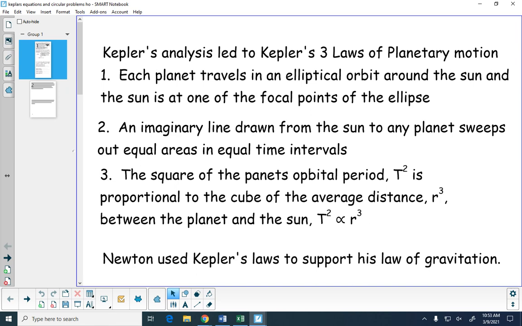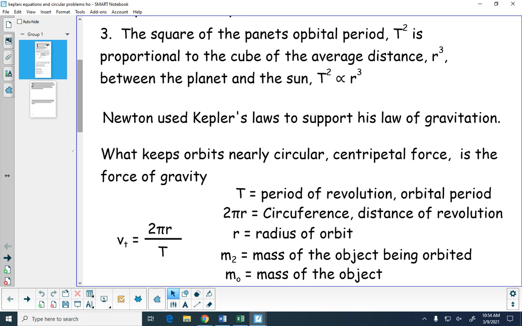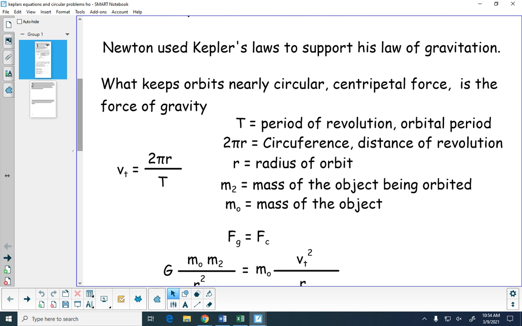What we noticed, though, is that Newton used Kepler's law to support his law of gravitation. What keeps an orbit in nearly circular motion? Well, that is the centripetal force. Even though there is not a rope tied to every planet going around the sun and keeping it in circular motion, we still have a centripetal force there.